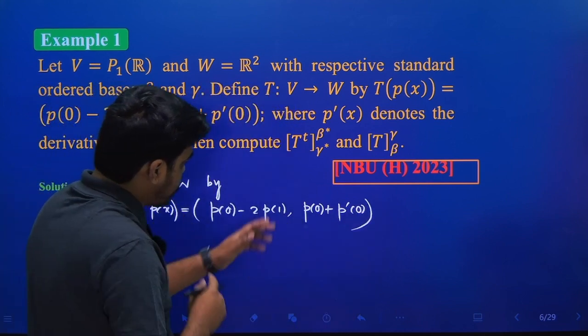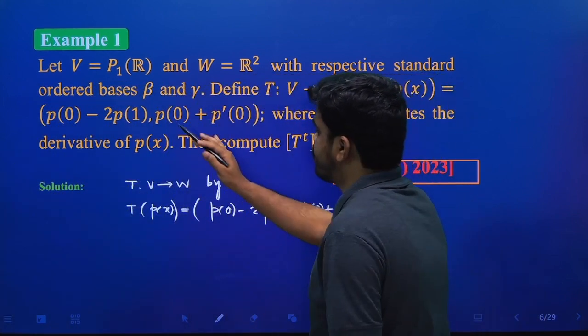Okay, what is p'(x)? p'(x) denotes the derivative of p(x).